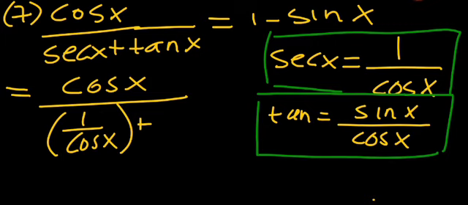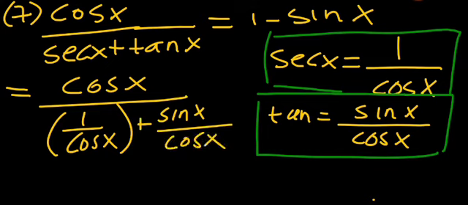Where there is tan x, we're going to replace it with sin x over cos x. And then we are going to add the denominator, because of space.